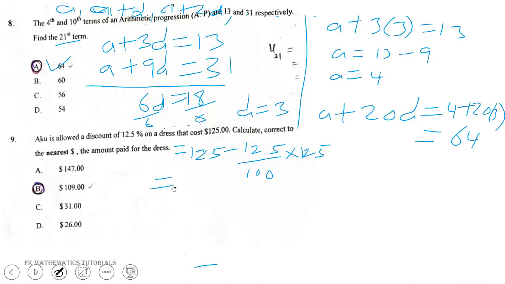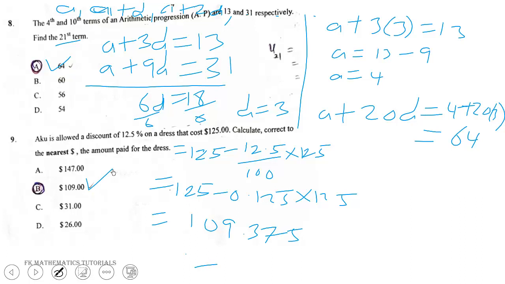So if that is the case, then 125 minus 0.125 times 125 will be equal to 109.375. So to the nearest dollar is 109.